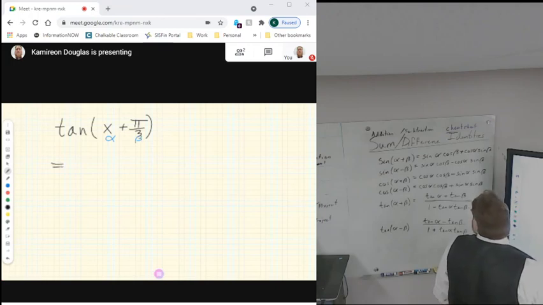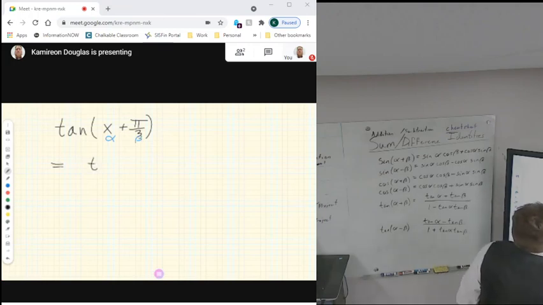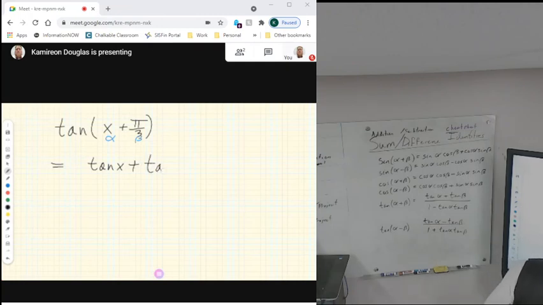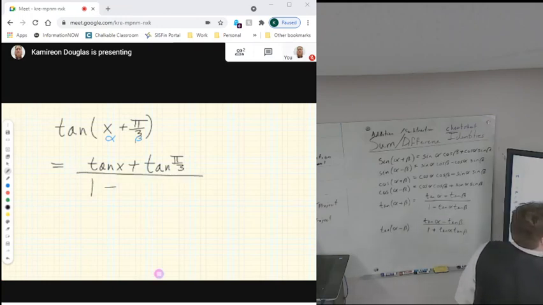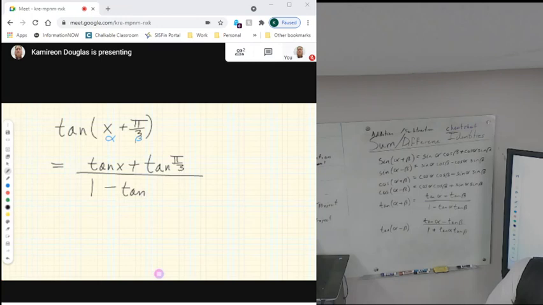Tangent alpha, so tangent x, plus tangent beta, so tangent of pi over 3, all over 1 minus tangent of x times tangent of pi over 3.